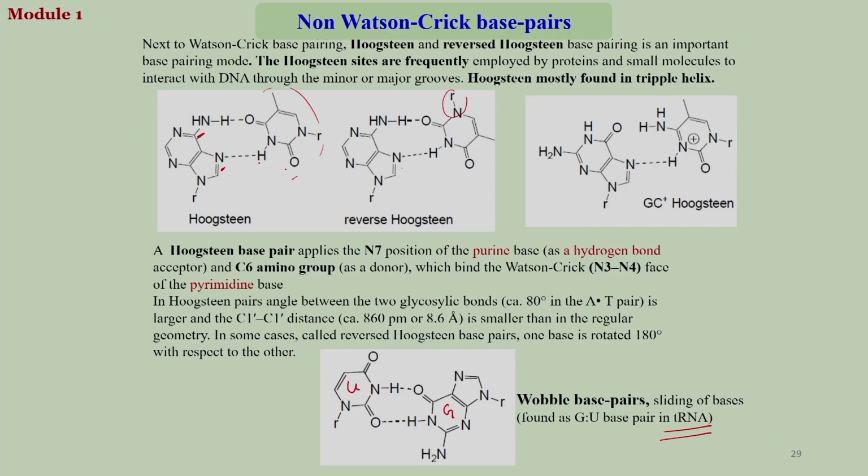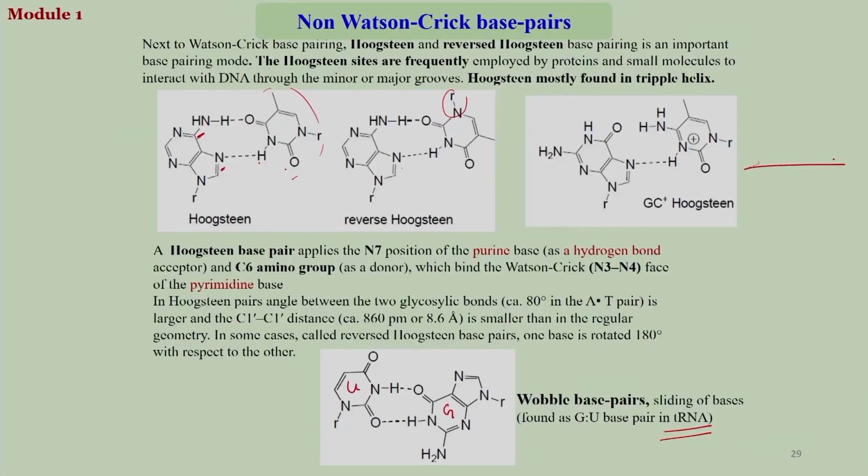Now, Hoogsteen base pairs mostly occur in DNA triple helix. Usually we know DNA has double helix structures, but sometimes DNA can undergo triple helix formation with 3 strands, which we will see later also, when we do the modifications and see how the triple helices are formed.